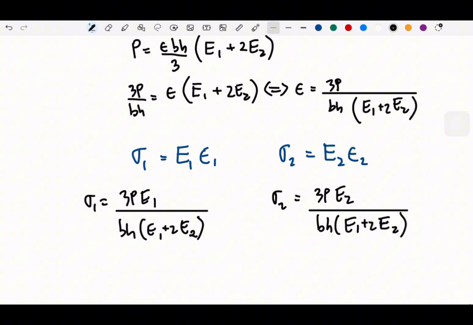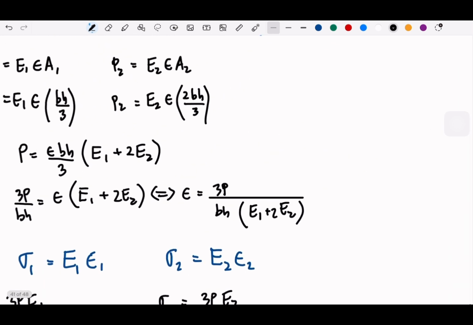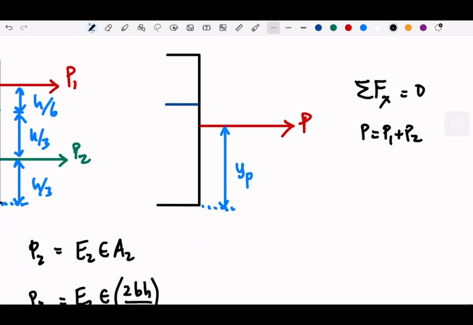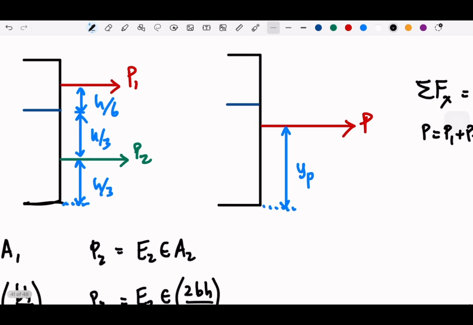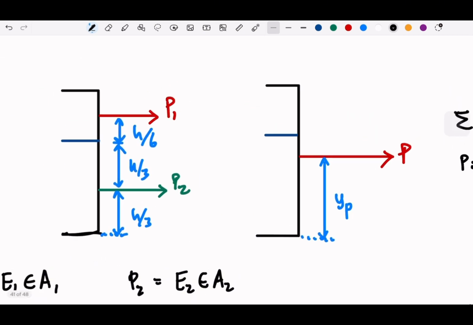And then to finish off, to get the centroid, the total height for the centroid, we can see the last picture here, YP, and suppose that we have the whole system. So imagine that these two are both in one picture.